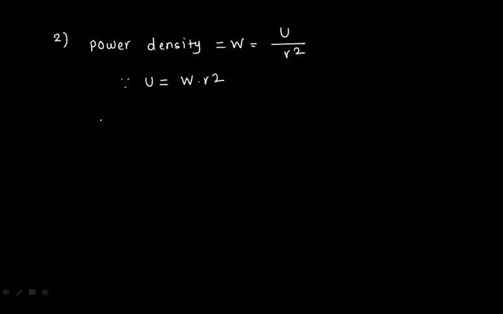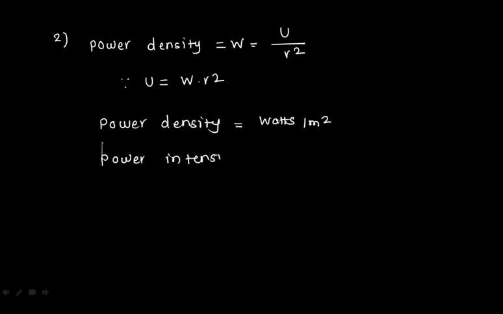Power density is the radiated power per unit area, given by watts per meter square. What about the power intensity? Power intensity is watts per steradian, that is, per unit solid angle. These things we have seen.